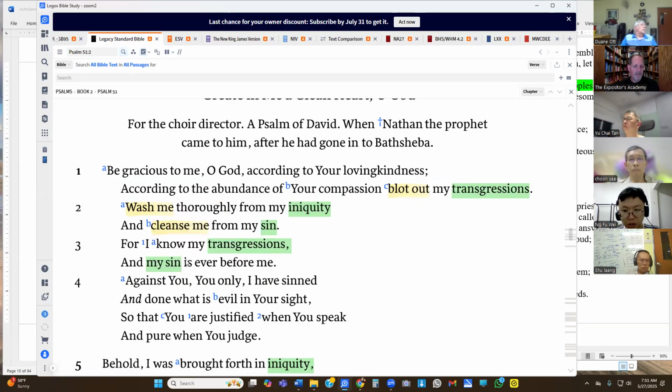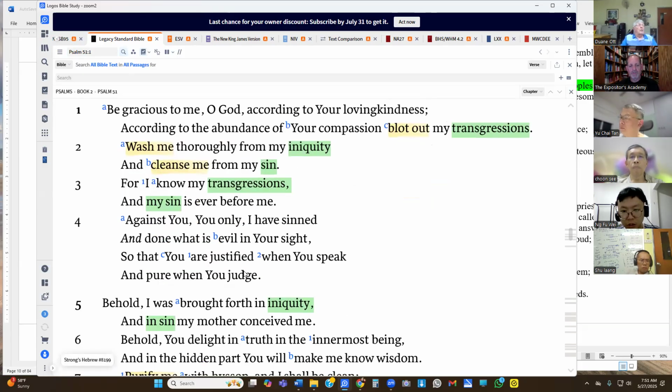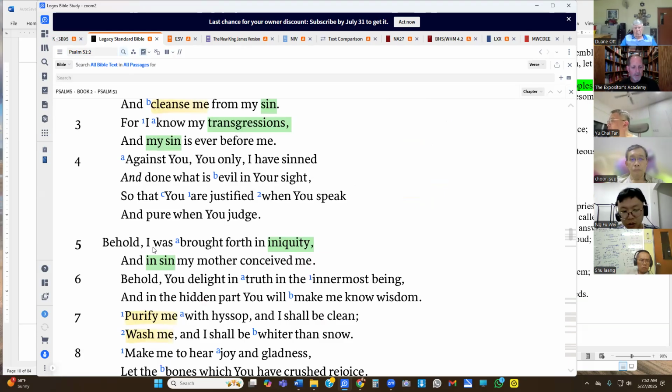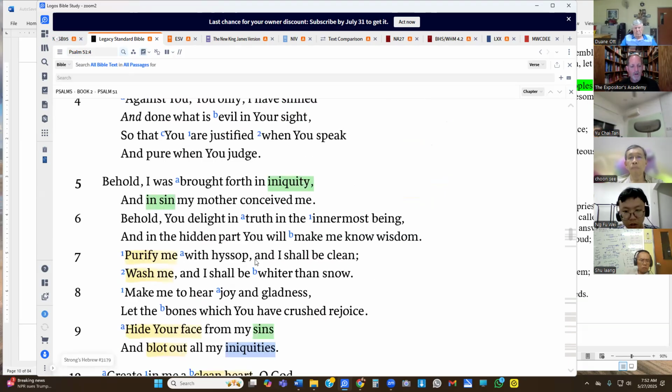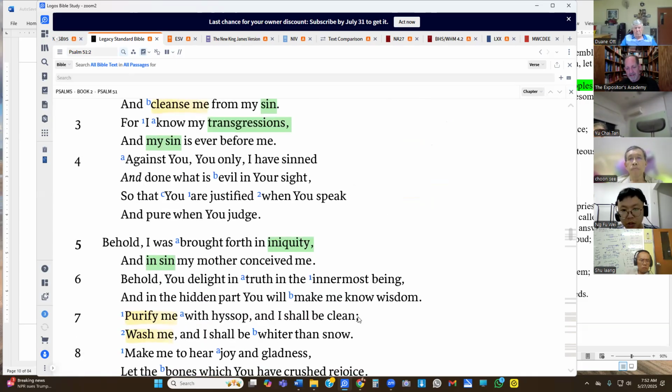I know my transgressions. If you go all the way through the Psalm: my sin is before me, I have sinned against you, in your sight, you. I was brought forth in sin, in sin my mother conceived me. All the way through, by David focusing, repeating, emphasizing these first person singular pronouns, we see a principle of repentance being expressed.